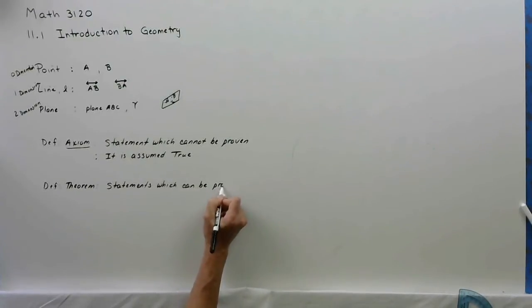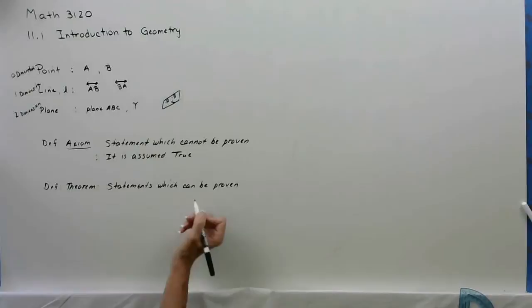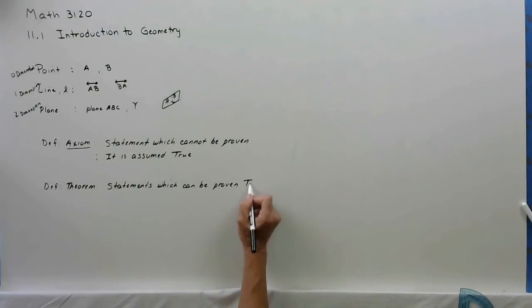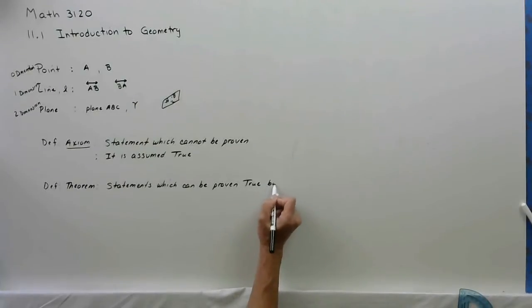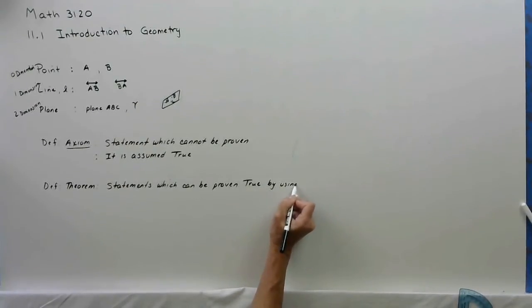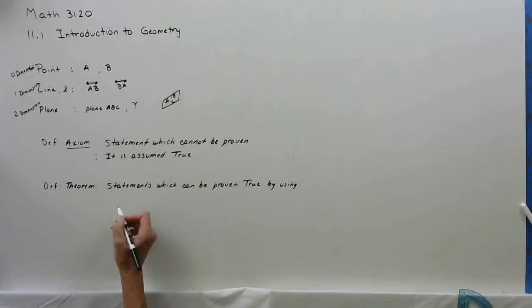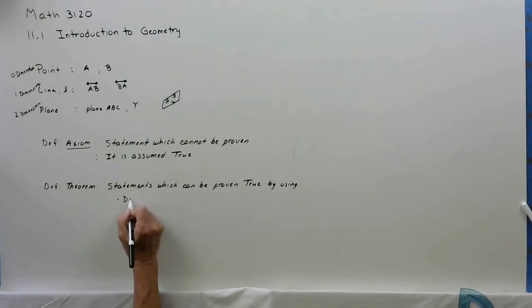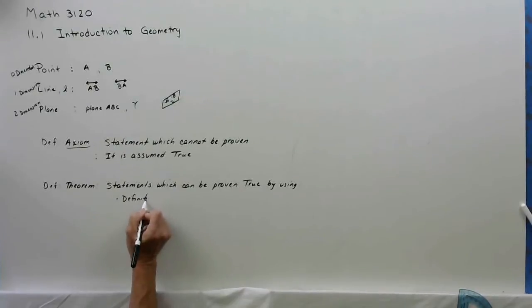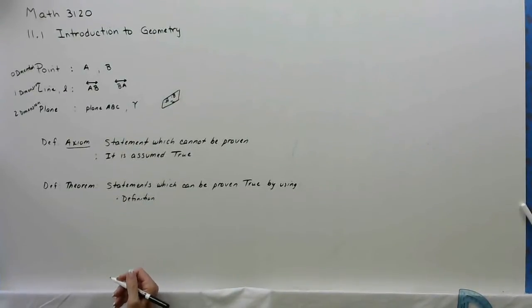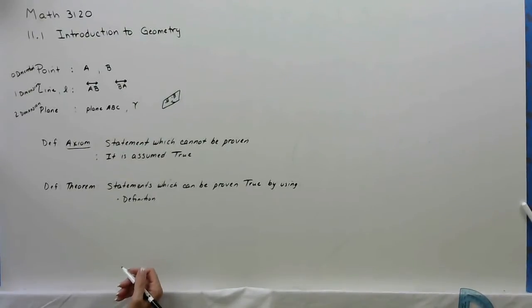And we have various tools we use when we prove a theorem. So these can be proven true by using, and let's talk about what they can. Well, we can always use a definition, which is where we usually start, like when you're annotating, start with what you know, start with a definition.